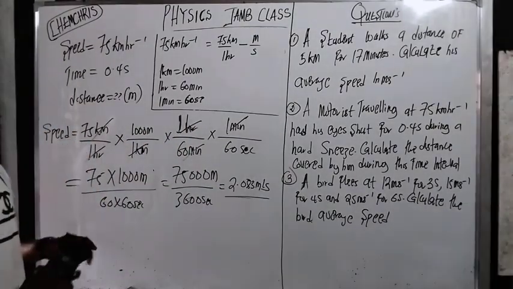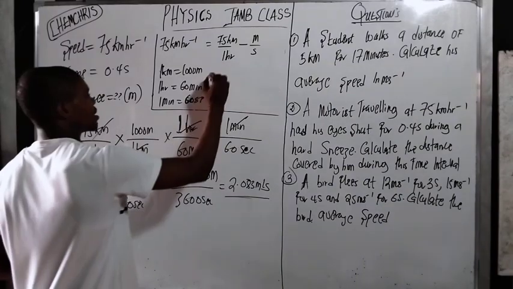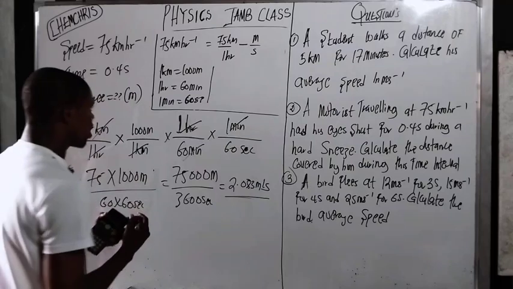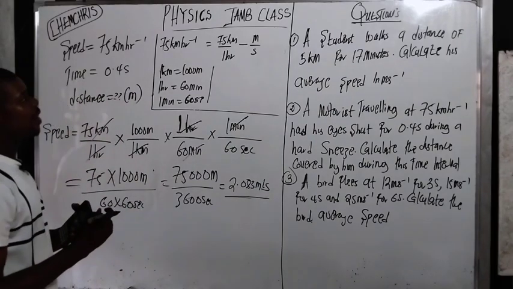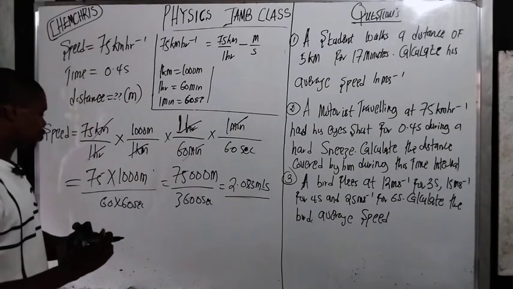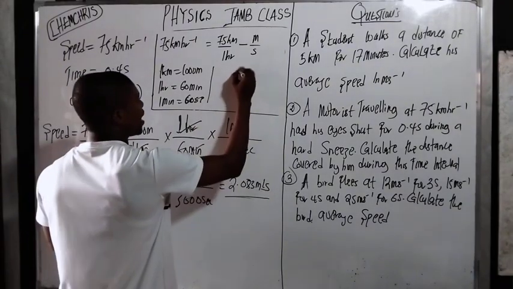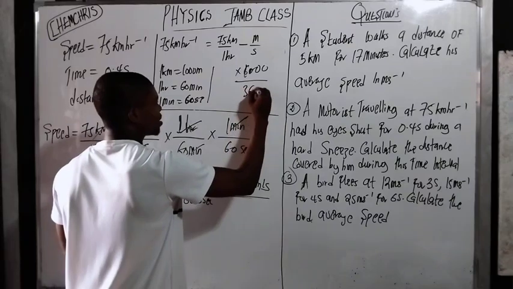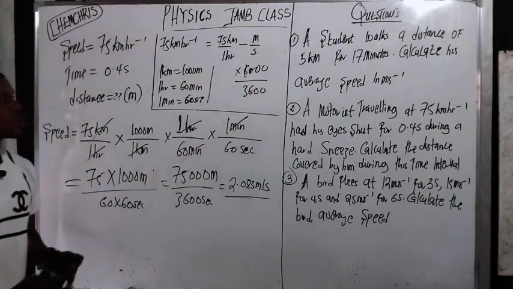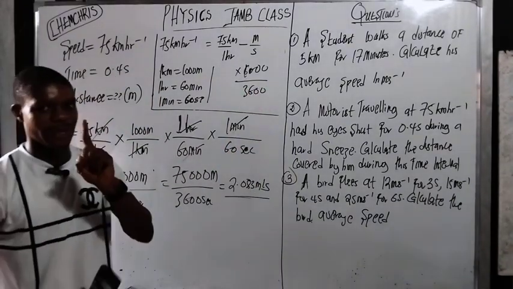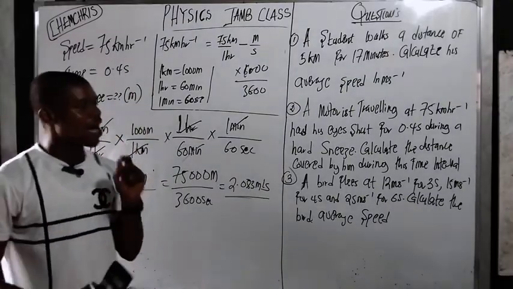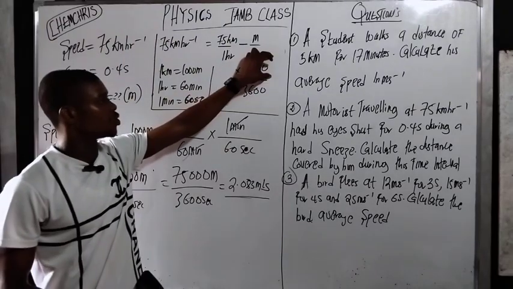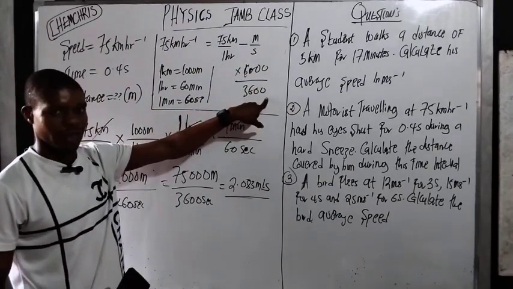Do you understand? So the shortcut here is that if you are converting kilometer per hour to meter per second, you have to multiply by 1,000 and divide by 3,600. Whenever you are converting kilometer per hour to meter per second, multiply the value by 1,000 and divide by 3,600.